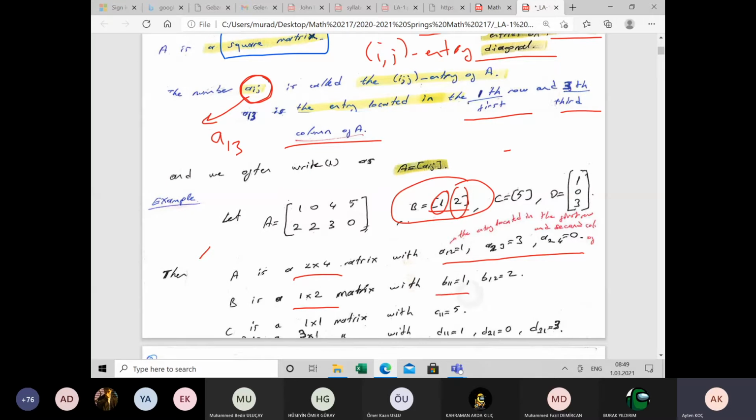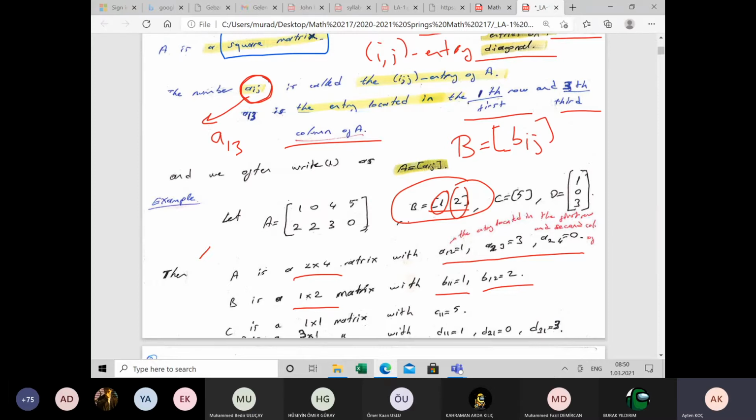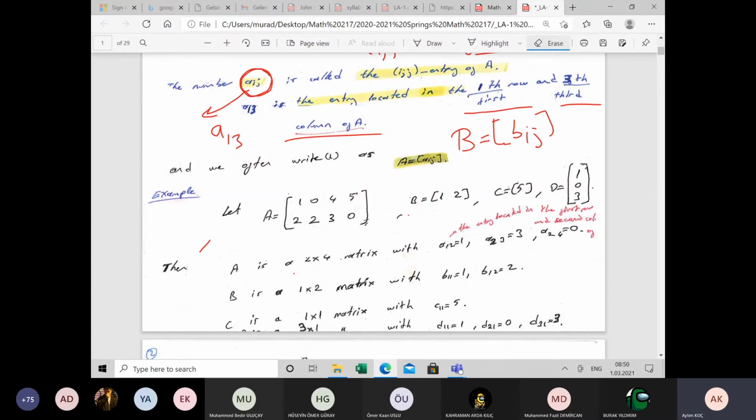entries, B sub 1 1 and B sub 1 2, and this matrix B is denoted by the notation Bij. So B sub 1 1, B sub 1 2. Look at the next example, C. What's the dimension?